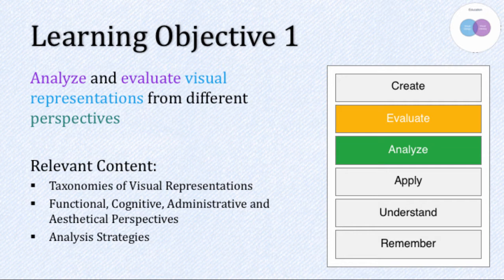What's the difference between symbolic, iconic, and lexical representations? In terms of different perspectives, we're going to learn that we can analyze visual representations from functional, cognitive, administrative, and aesthetic perspectives. And finally, we'll learn a little bit about different strategies that we can use to help us analyze and evaluate different types of representations.